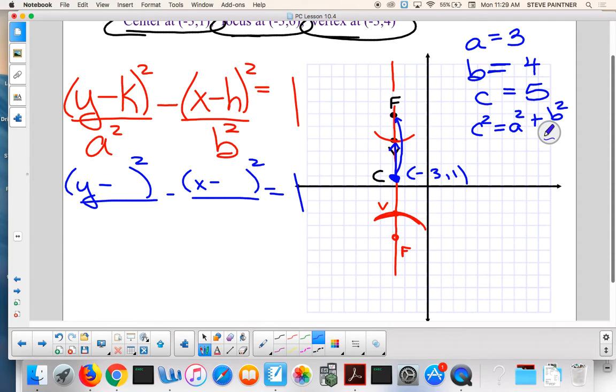Always the center. 1. Okay, your center moved. And then x minus, plus minus 3, plus 3. Okay, A is always going to go under the first one. A squared is what? 9. B squared is what? 16 with a minus in between.